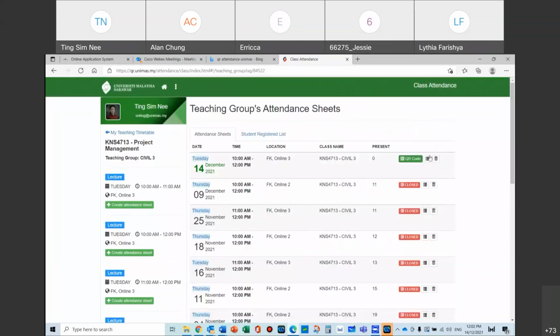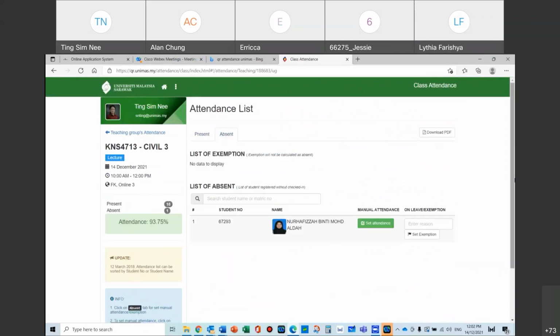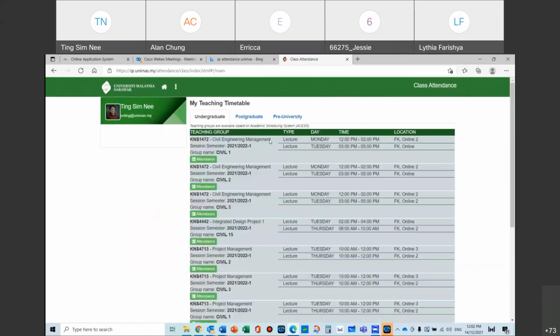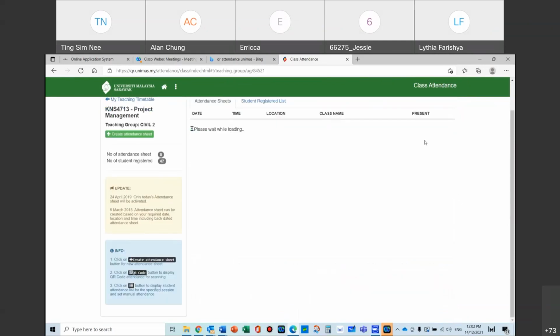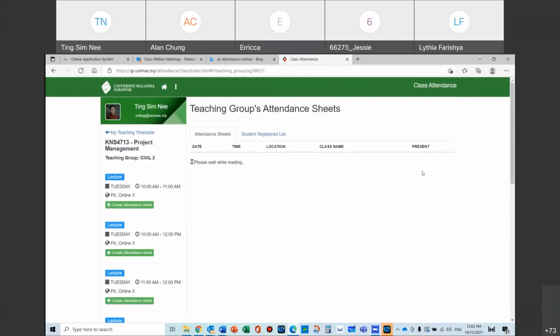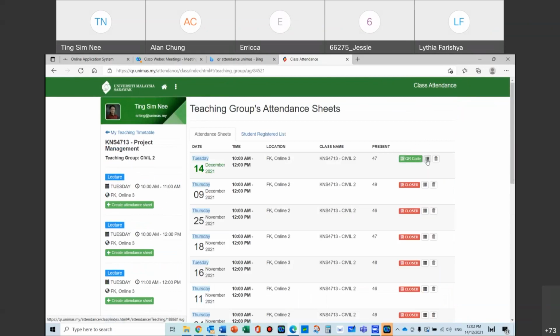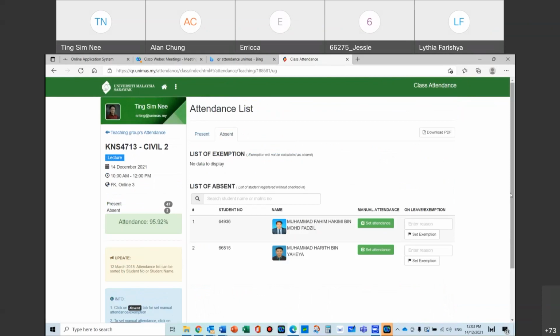Okay, now group 3, anyone needs manual? Group 2, anyone who needs manual, let me open this. You can shout out your name or your numbers. Anyone needs manual?